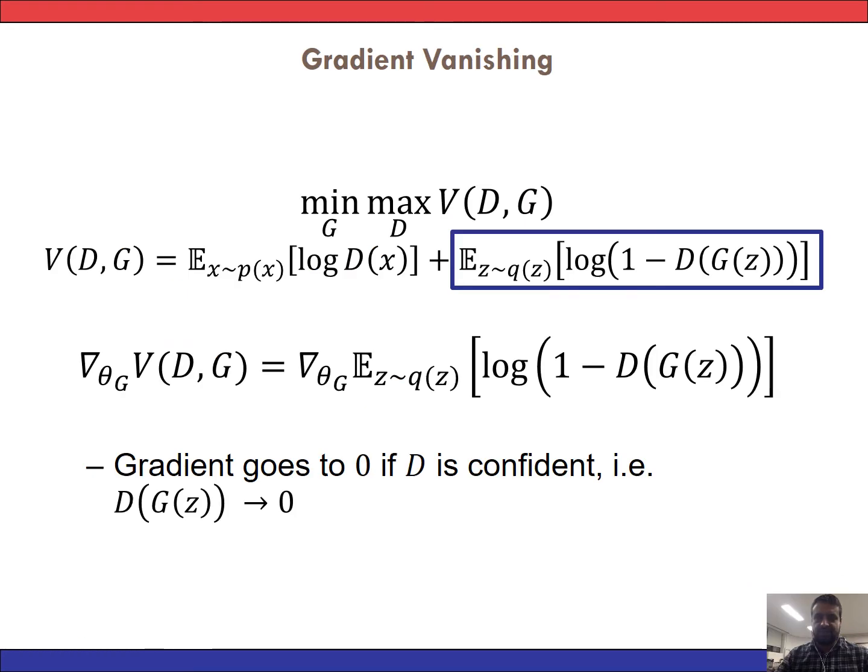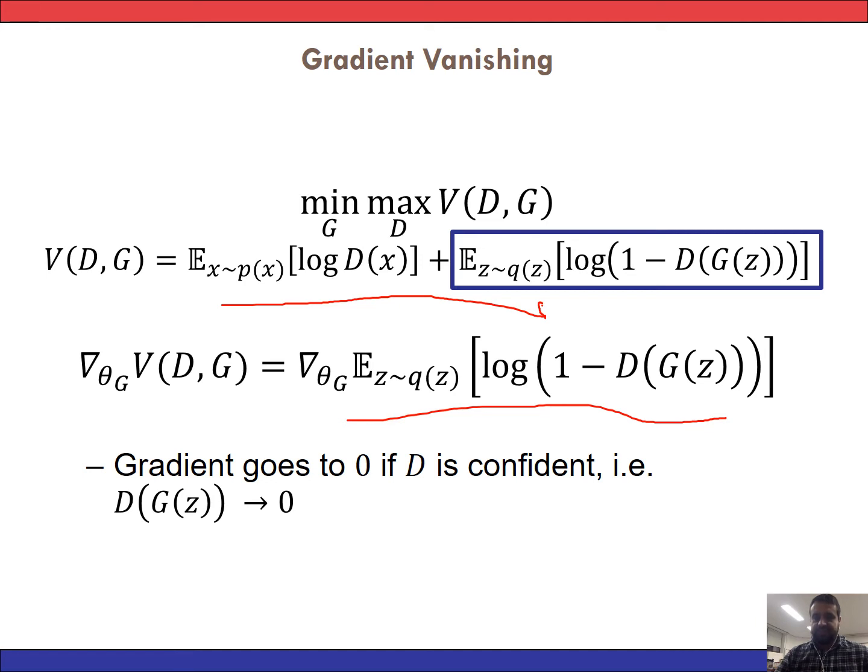Now let's talk about the gradient vanishing problem in the vanilla generative adversarial network. Here we can see that this is the objective function for training the discriminator part. Similarly, this is the objective function for training the generator part. The discriminator takes the real image and classifies it as 1, and it takes the generated or fake image and classifies it as 0.